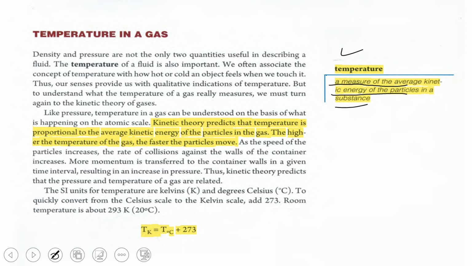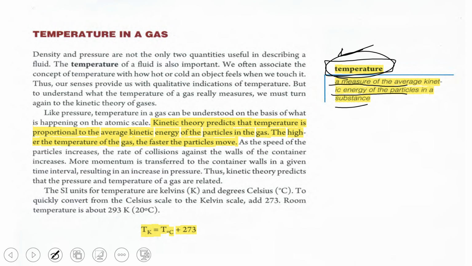Temperature is important for each particle, because we can measure the kinetic energy of the particle. Are they moving faster or slowly? By this temperature we can find the velocity or the speed of the particle.